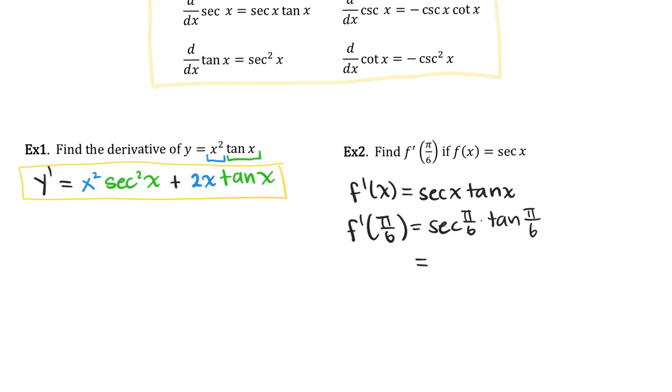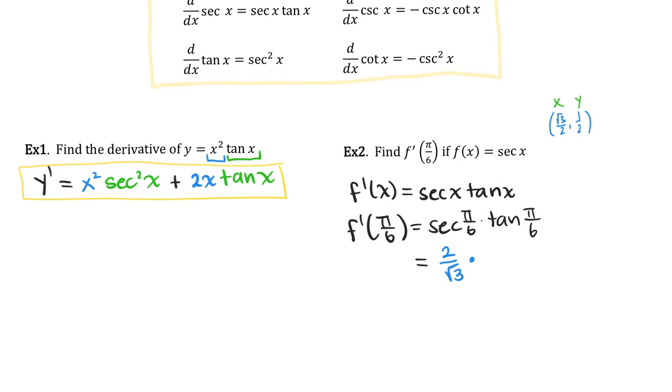What is secant? Secant is the reciprocal of cosine. What is the cosine of pi over 6? The ordered pair for pi over 6 is what? Root 3 over 2, 1/2. Cosine is the x coordinate. So if I do the reciprocal of root 3 over 2, I get 2 over root 3. Okay, what's the tangent of pi over 6?